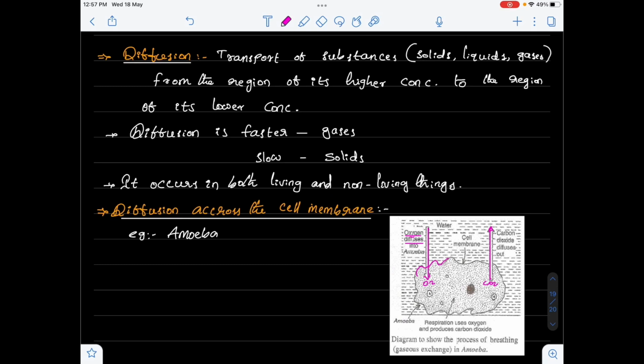So this is how the metabolic gases like carbon dioxide and oxygen move out and inside the cells by the simple diffusion process. Now let me write here, in amoeba metabolic gases, that is CO2 and oxygen, move out and into the cells by diffusion.